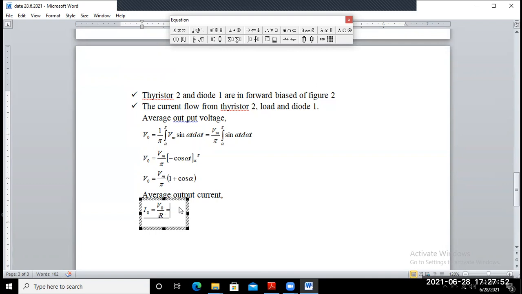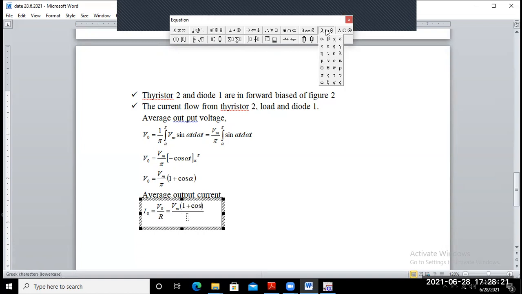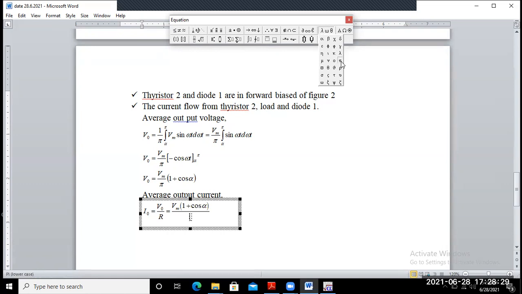So it becomes Vm into 1 plus cos alpha divided by pi R.